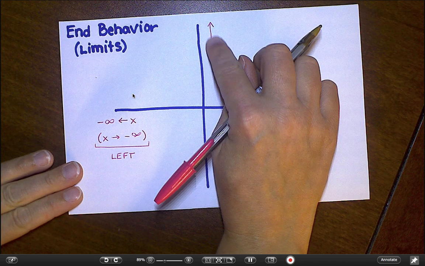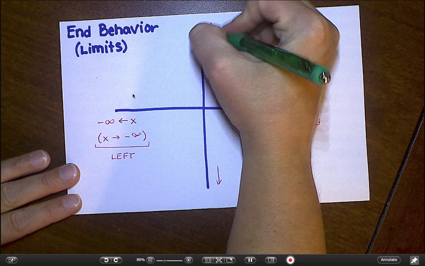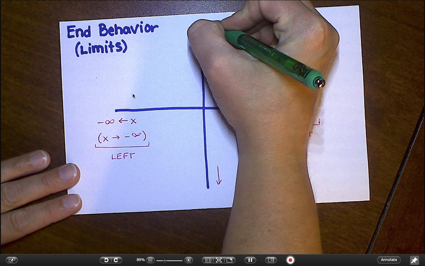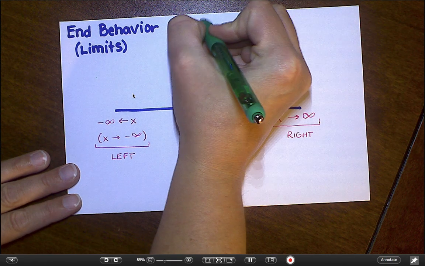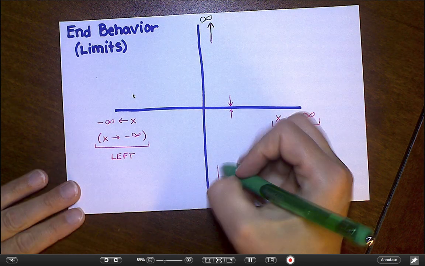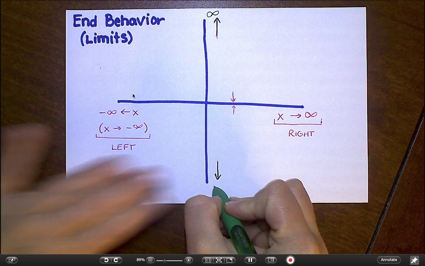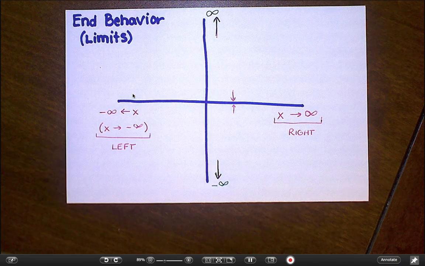So going up forever, we call that, and actually let me use a different color for this one, because these are my y's now. When we go up forever, we call that infinity on the y-axis, right? Going up forever is infinity, meaning going down forever, we call negative infinity, okay?